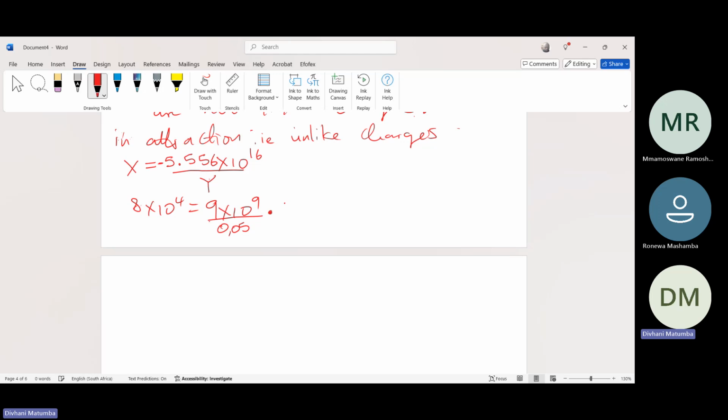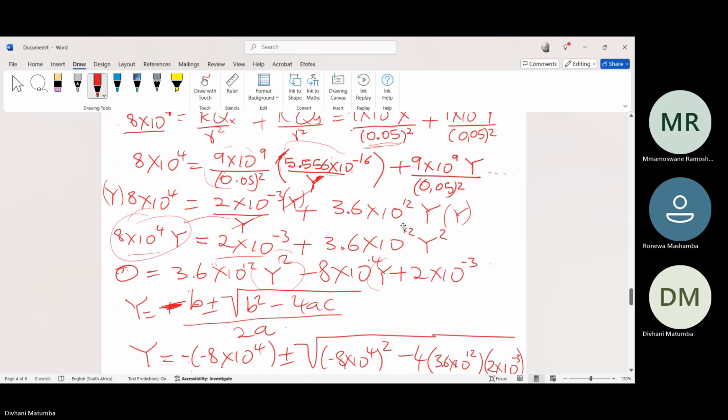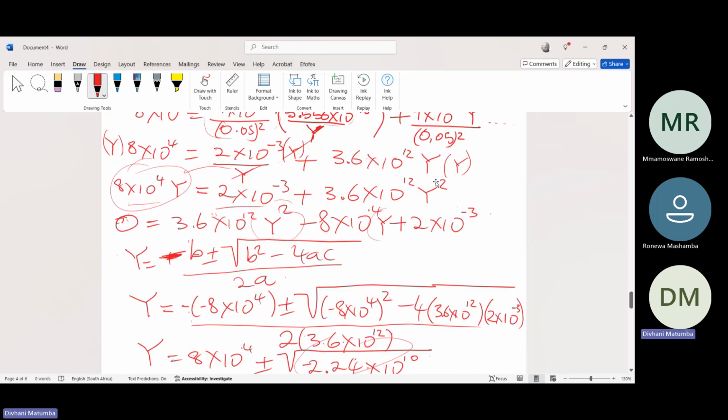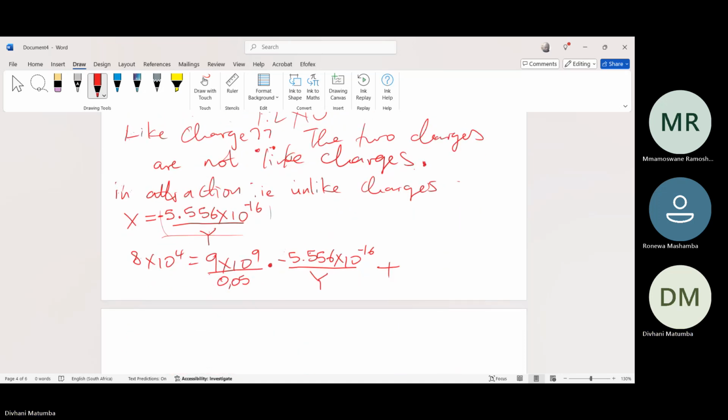And instead of replacing x with a positive, this expression, I will replace it with a minus 5.556 times 10 to the power of minus 16, all divided by y, and plus the other portion will be 9 times 10 to the power of 9 divided by 0.05 squared times y.